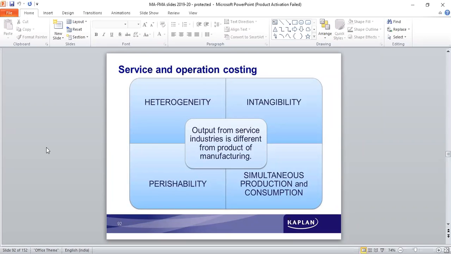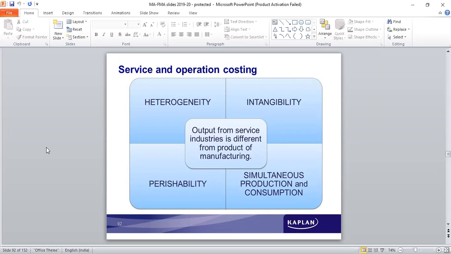See, in case of products, there are products which are available. So we can see that, feel that, touch that, and then that is provided. But in case of services, we do not find anything like that. Like a hotel industry is there.